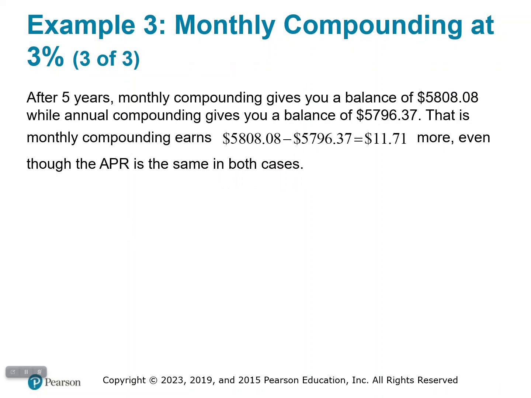After 5 years, monthly compounding gives you a balance of $5,808.08, while annual compounding gives you a balance of $5,796.37. As I was saying, even though it's only $11.71 more, it is more, even though the APR is the same in both cases. And now instead of looking at $5,000, let's expand this to $500,000, right?